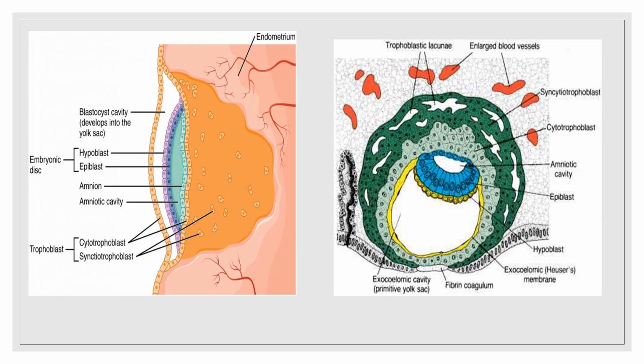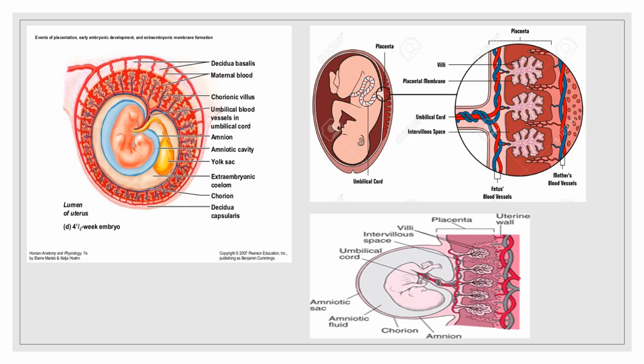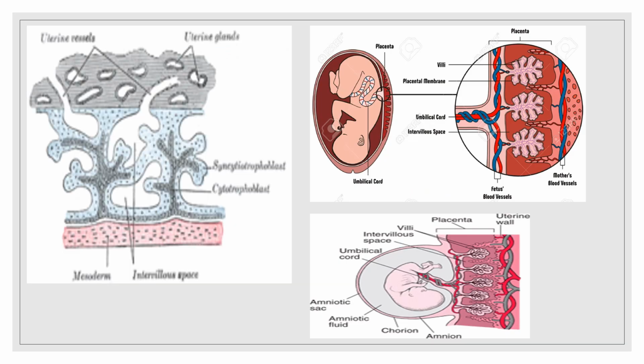Now at the beginning of the 3rd week, this syncytiotrophoblast generates irregular finger-like projections. So we will find it. These projections are lined internally by the cytotrophoblast.